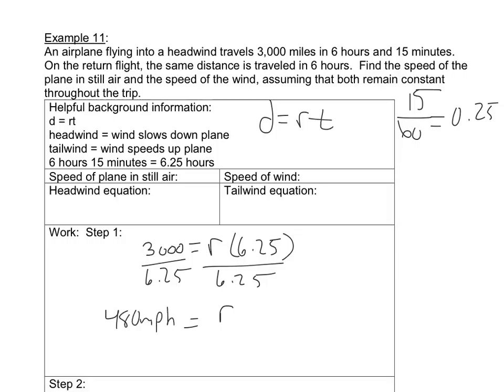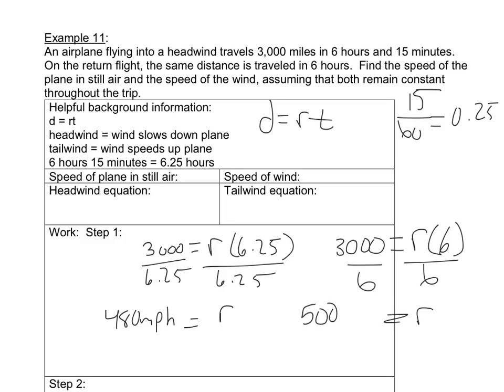But that's going into the wind, so we still have to figure out something else. But if we look at the second one, we still know it's 3,000 miles. We don't know the rate going backwards, and we also know it's 6 hours. So now do the 3,000 divided by the 6, and you get that this rate is 500 miles per hour.